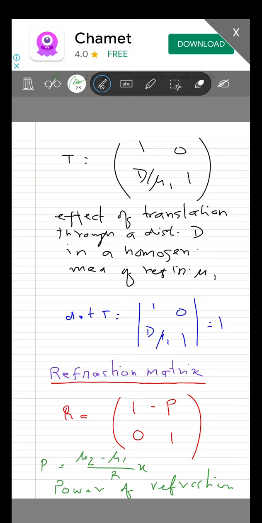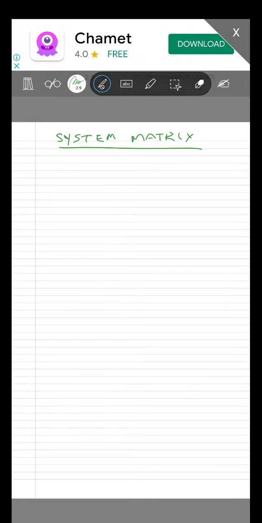Now if we consider, so let's write here system matrix. So if we look into a system, this is the surface where any sort of refraction will take place, and this is the point of the incident ray.